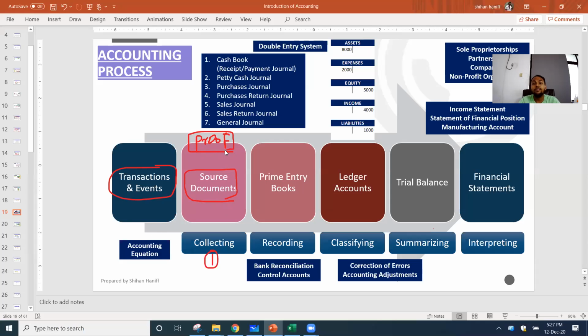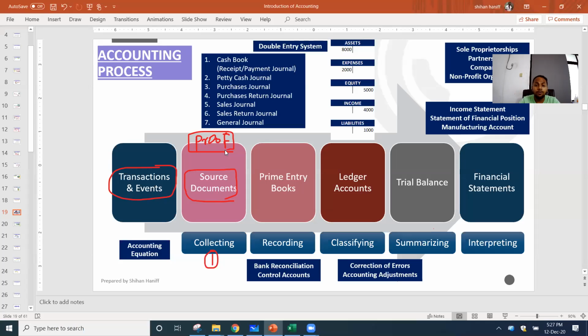For example, let's say you are purchasing something from a supermarket. What is the proof? The bill. If you deposit money in the bank, what is the proof? Deposit slip. Likewise, for all the transactions, you need to have a proof. We call it a source document.